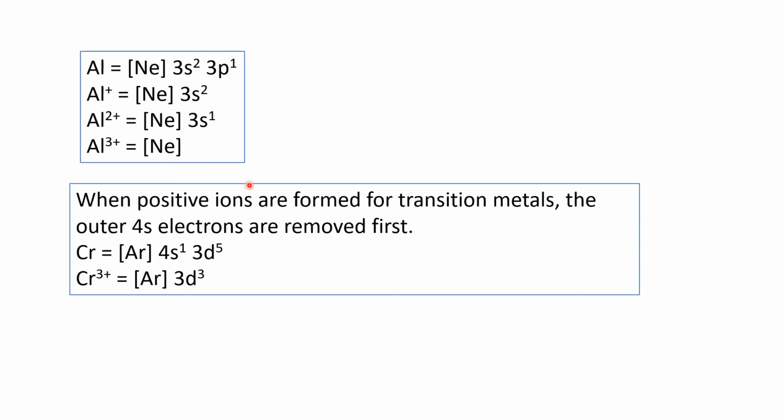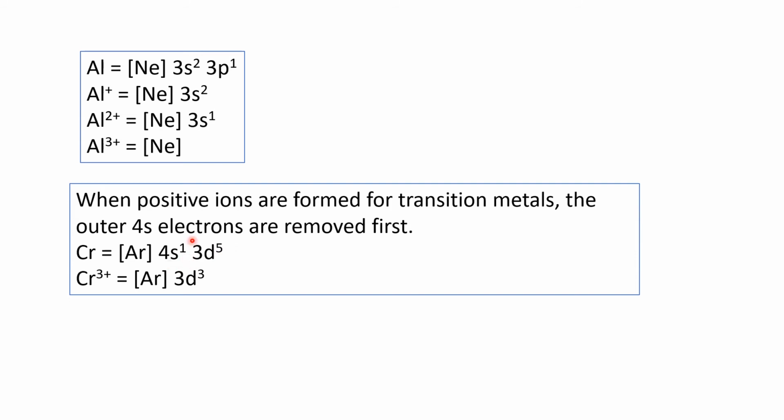Now when the positive ions are formed for transition metals, the 4s electrons are removed first. When we write the electronic configuration for chromium, as we did before, it was argon 4s1 3d5. Now to make chromium 3 positive, we need to remove 3 electrons, but they would not all be removed from the 3d orbital.